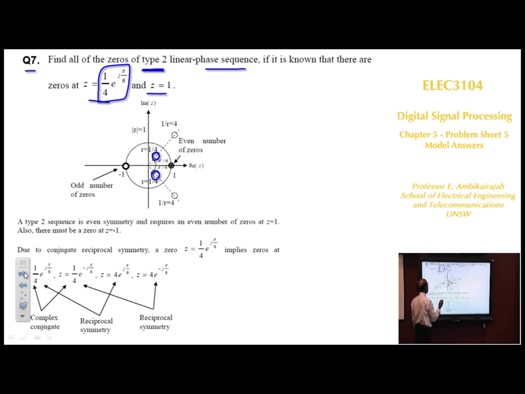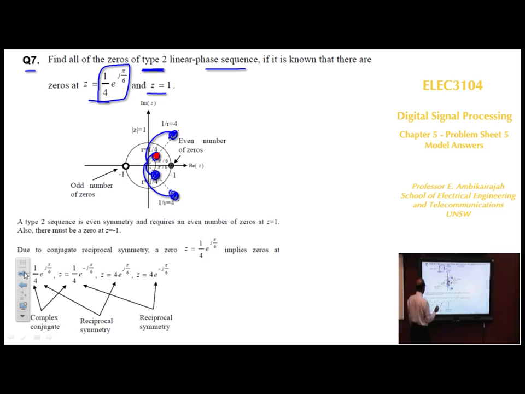And in the type 2 linear phase, this value should have a reciprocal. So you should have a zero there, at the reciprocal value. This is the only one given to you. Now you have introduced this one, and this one. That's how you get the linear phase sequence.